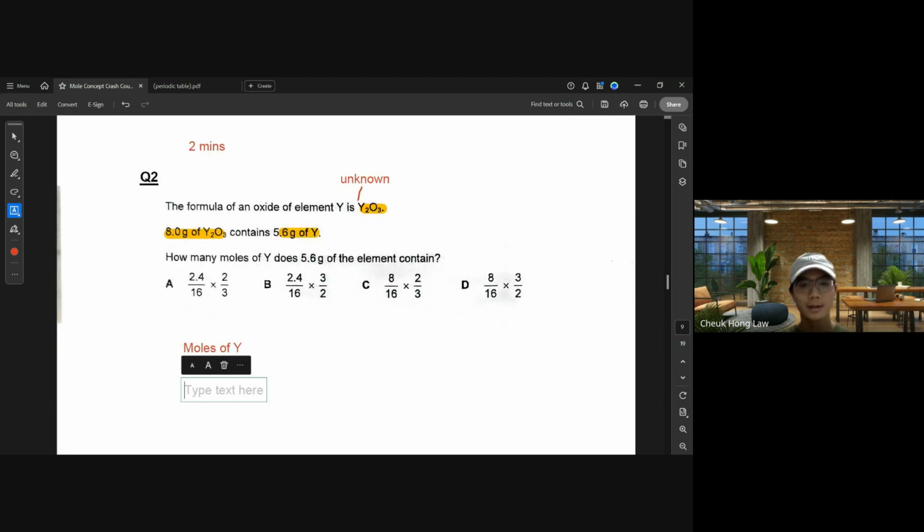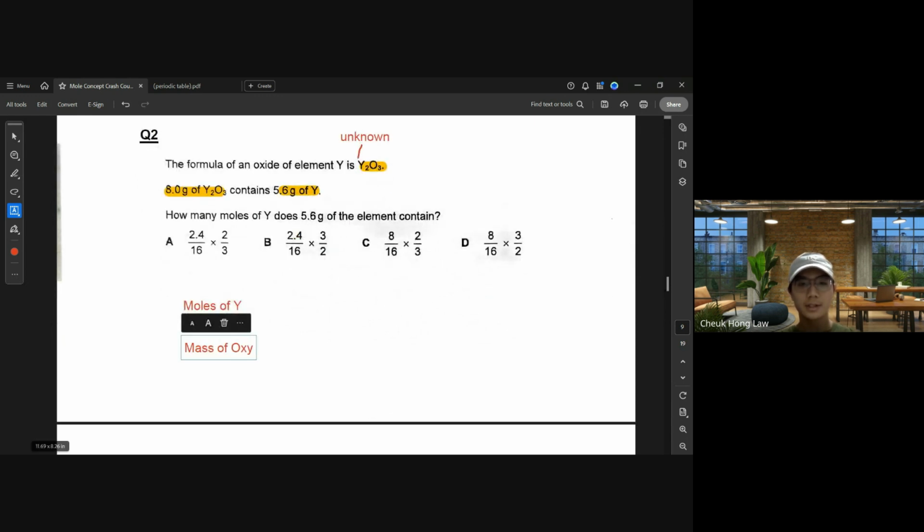So the mass of oxygen is 8 grams minus 5.6, so 2.4 grams. This is the mass of oxygen. Now that we have the mass of oxygen, we can find the number of moles, because oxygen can be found in the periodic table.